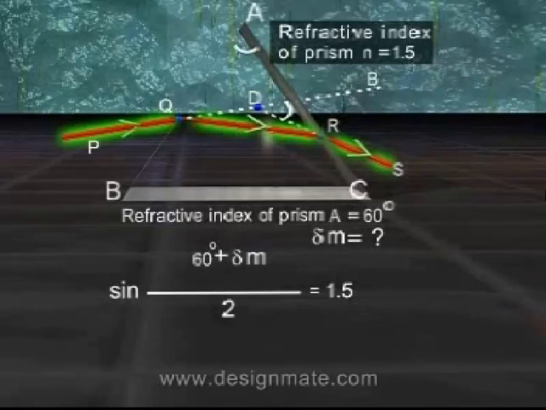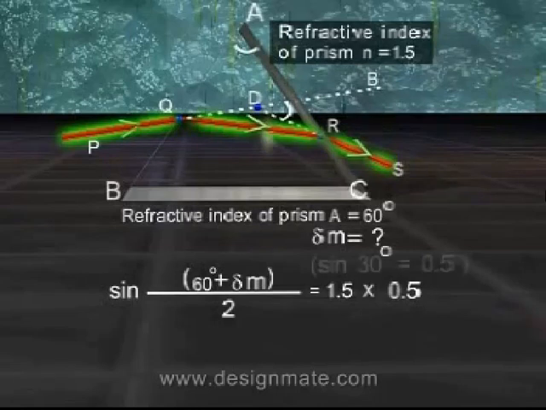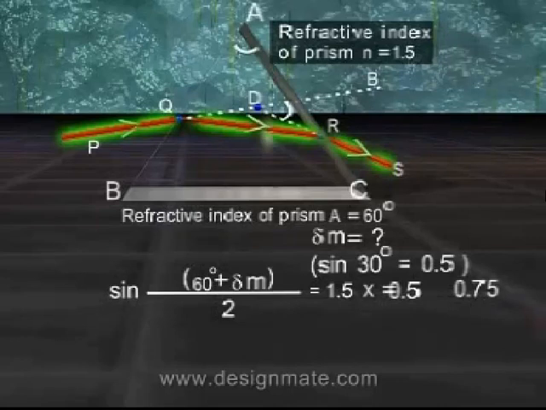Therefore, sin of 60 degrees plus delta M, the whole upon 2, is equal to 1.5 into 0.5, in brackets, because sin 30 degrees is equal to 0.5, is equal to 0.75.